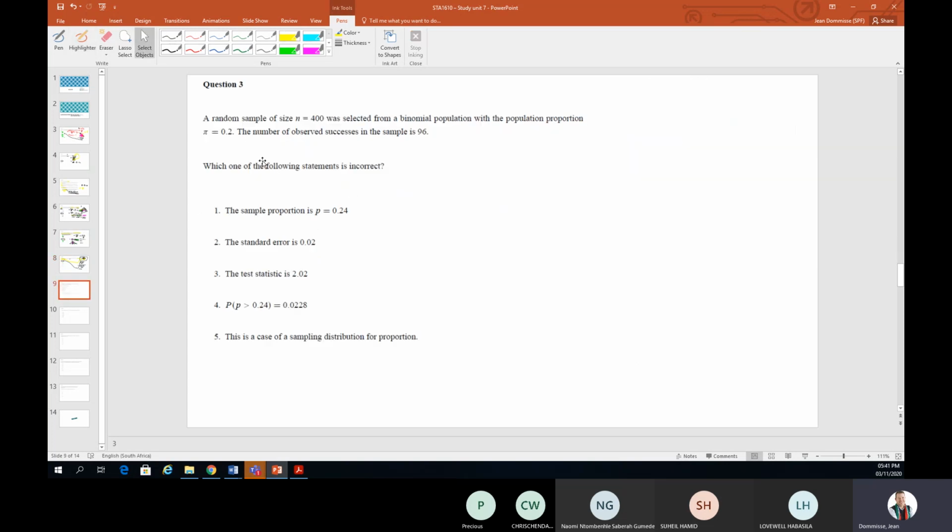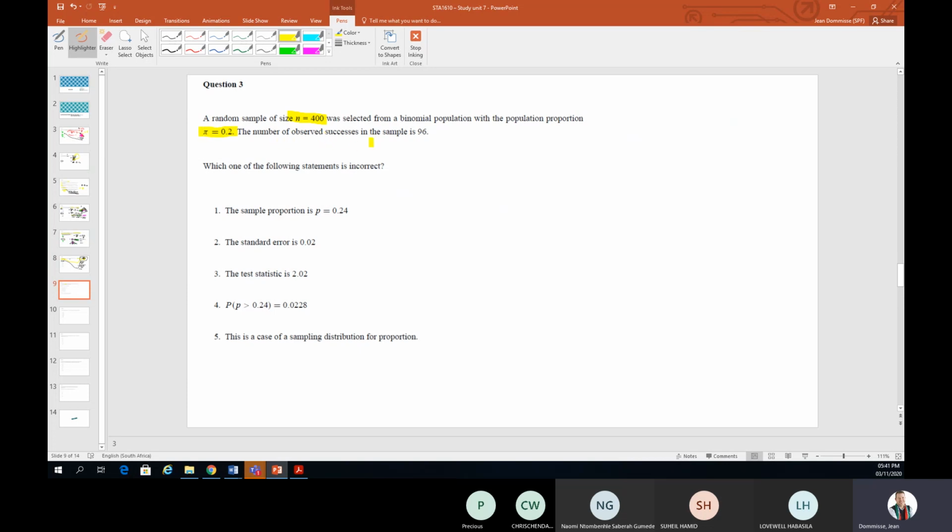Okay, so now you can see it nearly follows the other question set as well. So they give you a bit of information. So let's look at what they give us. They tell us we've got a random sample, binomial population with a population proportion. So that they tell us as well.